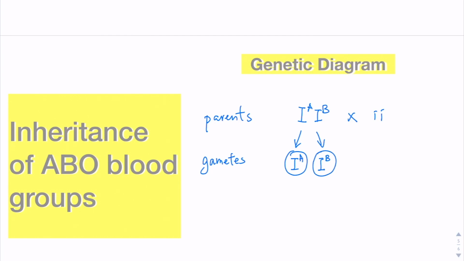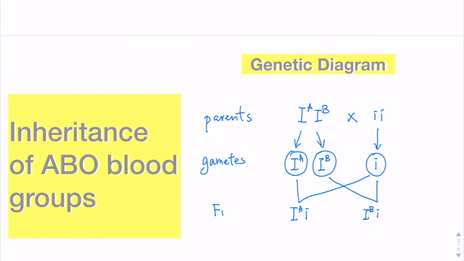The second person can only make gametes with the small letter i, the recessive O allele. For the offspring, one chance is an A allele and an O allele, and another chance is a B allele and an O allele. Half of them will have this and half will have that.